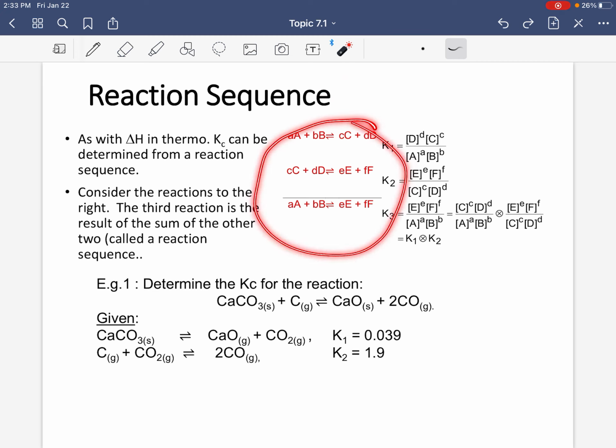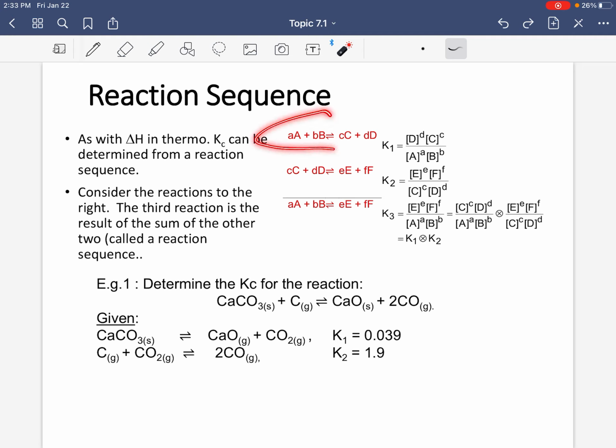This is very, very similar to glycolysis, where the reaction acts as a pathway of reactions, and they are actually equilibrium expressed. Now go impress your biology teacher.